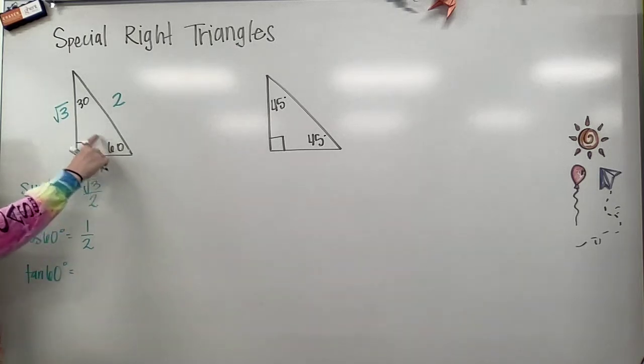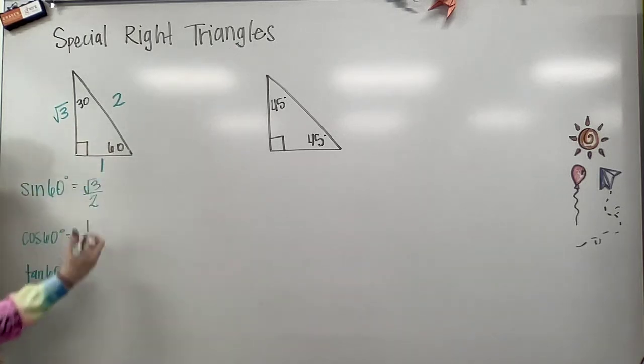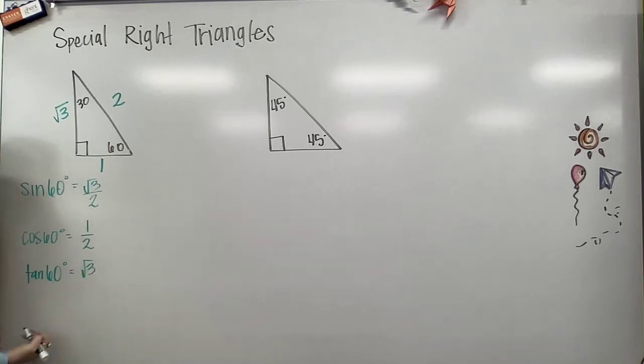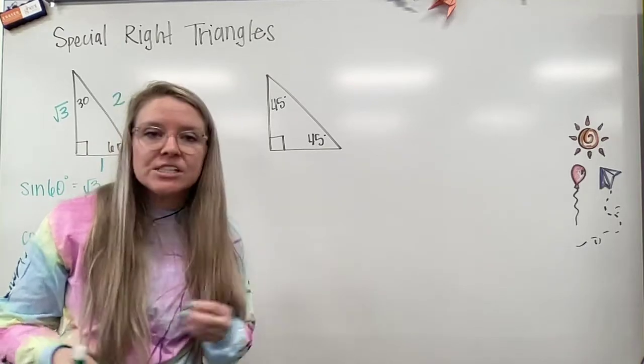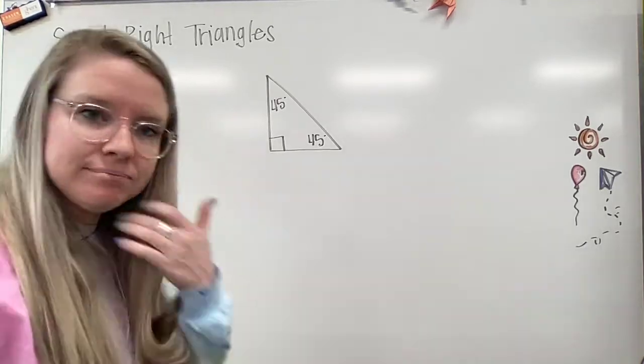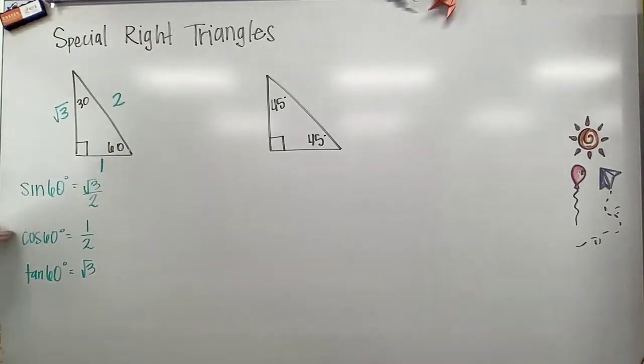Tangent of 60 is going to be opposite over adjacent. So that's root 3 over 1, which is root 3. Boom. These are important values. You're going to see these repeated a lot in math. The more familiar we are with them, the easier it's going to be to use them later on. Okay, sine, cosine, and tangent of 60.